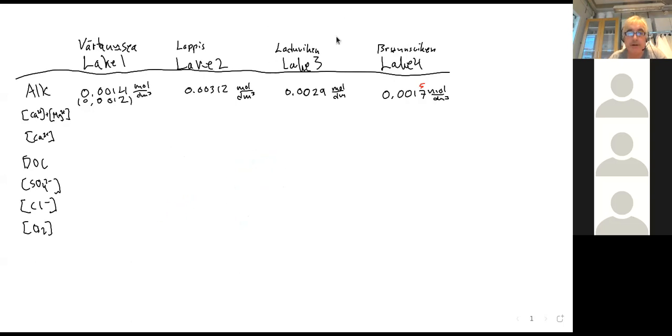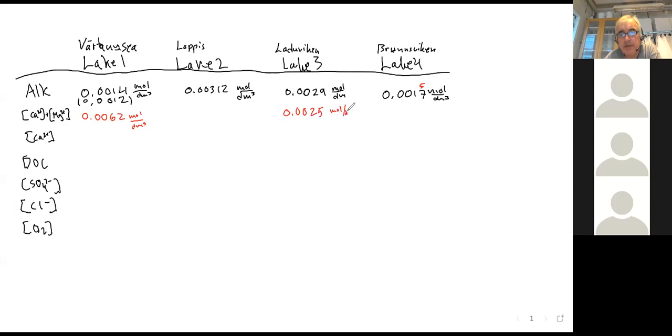So calcium, magnesium. Yeah, I have one value for Lake 1. It's 0.0062 molar. Okay, any more values? I got Lake 3, 0.0025.